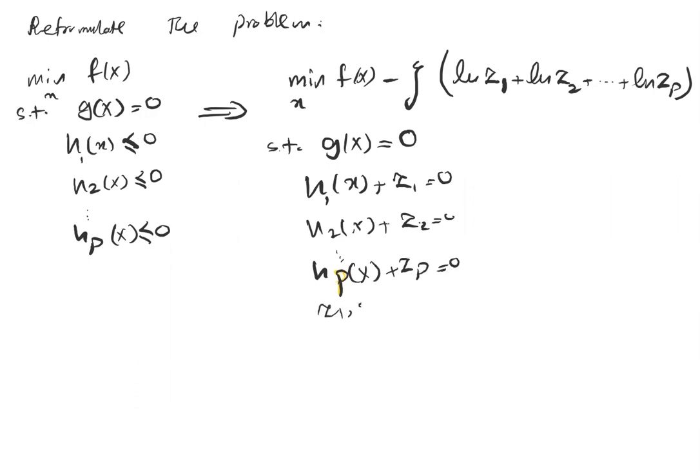And all of the z's, z1 to z sub p, are positive values. So this is our barrier function in this case.